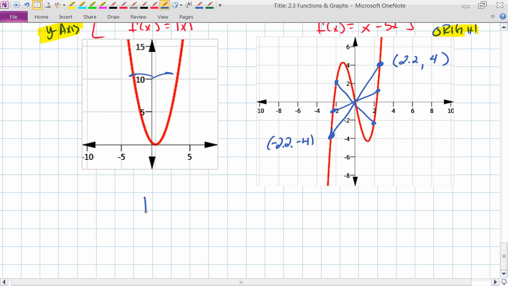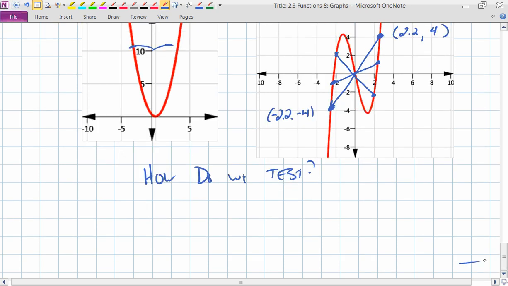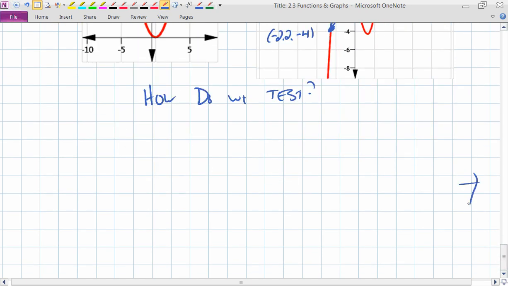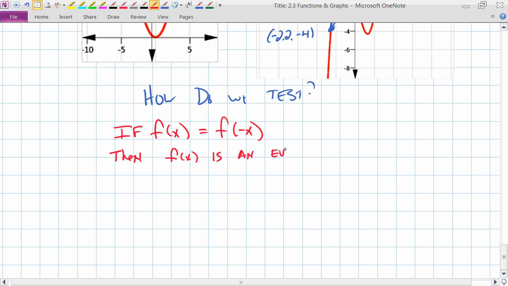And there is a test. So how do we test for this? And that's the last thing we're going to do. How do we test for them? So here they're if-then statements. They're going to be this. If f of x is equal to f of negative x, then we can say that f of x is an even function.